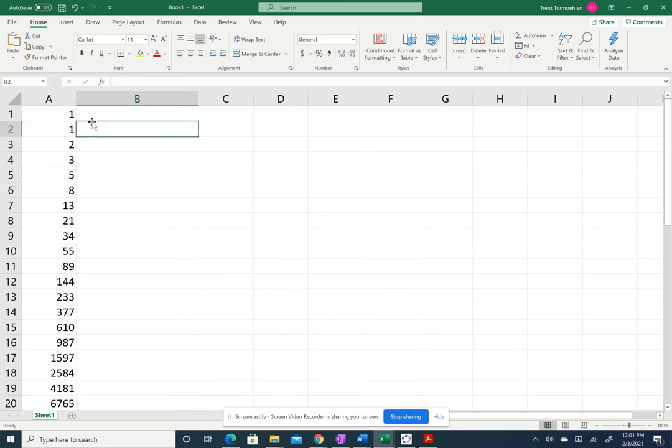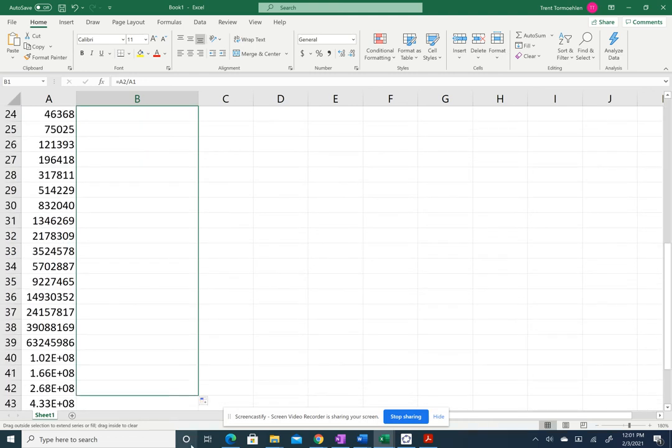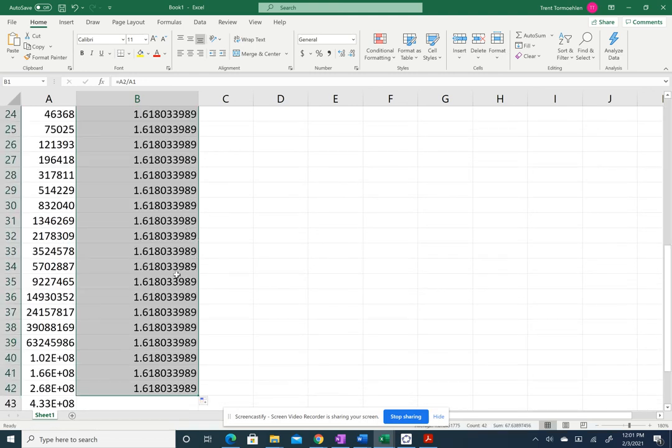Well, what we learned is that in the Fibonacci sequence, if we take the ratio of the previous two terms, so this one divided by this one, it eventually converges to the golden ratio. And so you can see the golden ratio being 1.618033989.